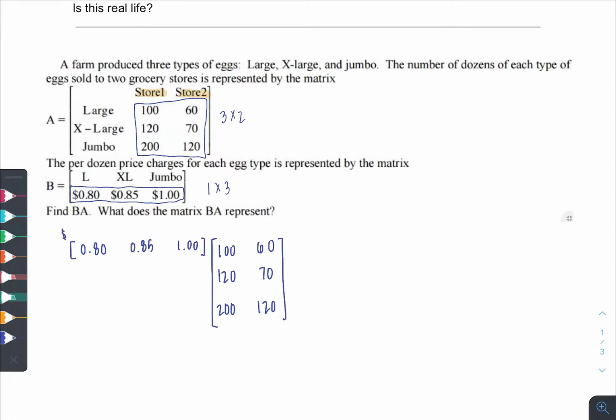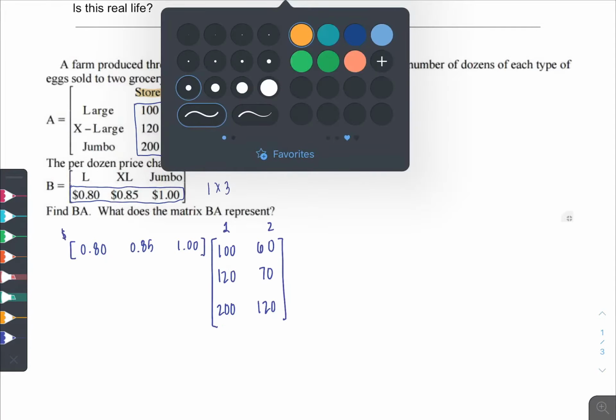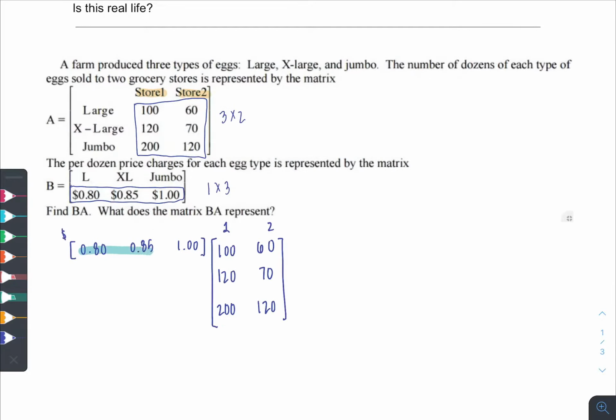So this one is store 1 and this one is store 2. So what we are doing is, we're going to multiply these by the first column and add them all up. So that's going to be the revenue for store 1. Then to find the revenue of store 2, we'll do all of this times these.